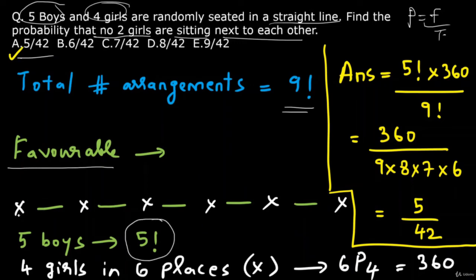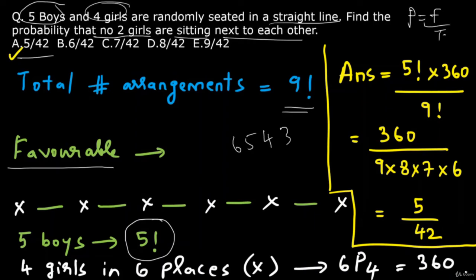Now over here, I've marked all the places where girls can be seated so that no 2 girls are sitting next to each other. So there are 1, 2, 3, 4, 5, 6 places, right? And we have 4 girls. So 4 girls can be seated in 6 places in 6P4 ways, right? And 6P4 is 6 into 5 into 4 into 3, and that's equal to 360.